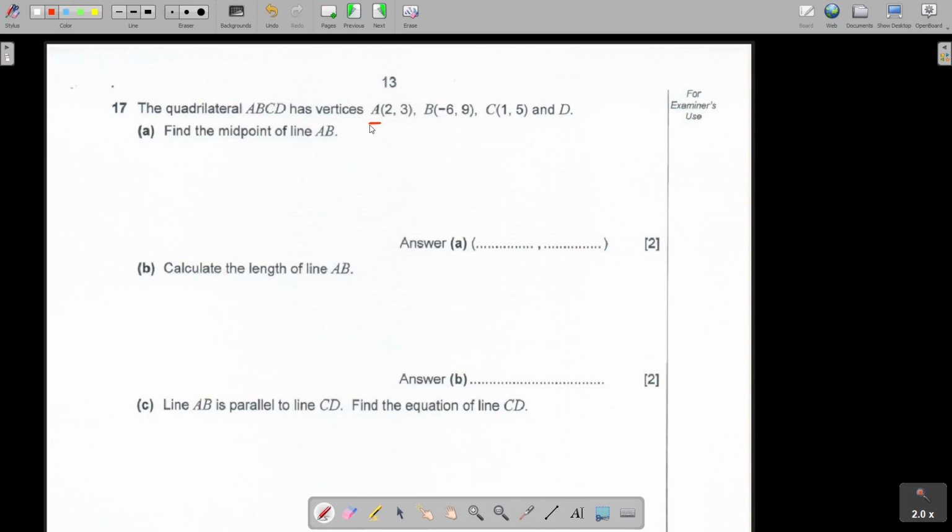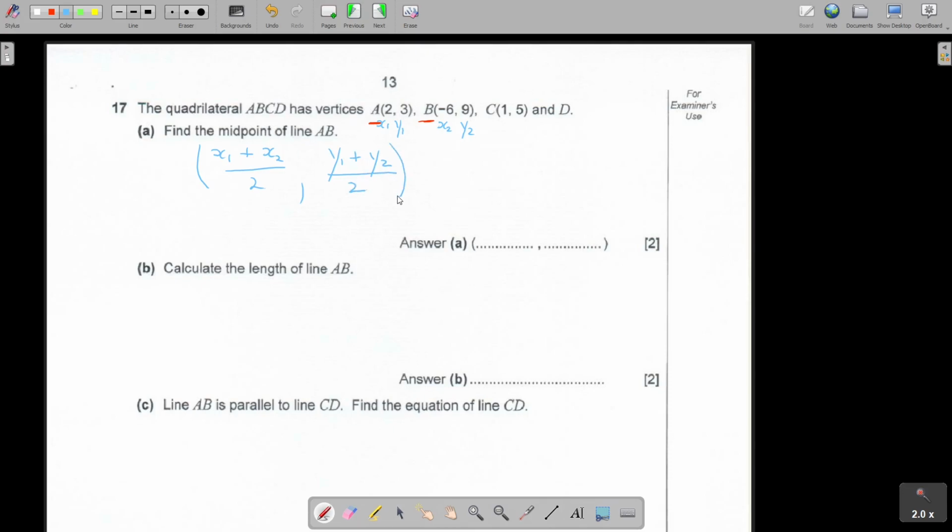It's A and B. To get that midpoint, I prefer to call it x1, y1, x2, y2. So it's x1 plus x2 divided by 2, and then y1 plus y2 divided by 2.